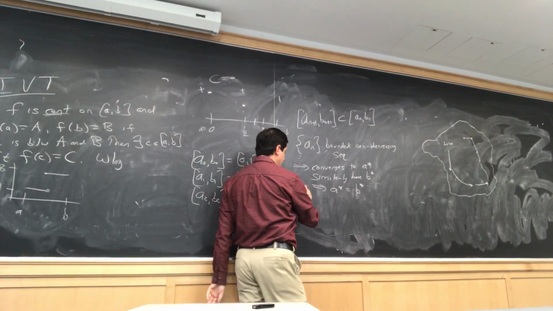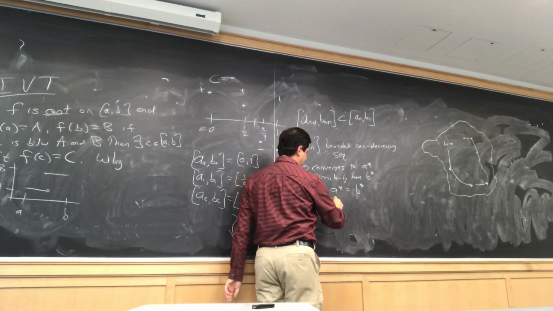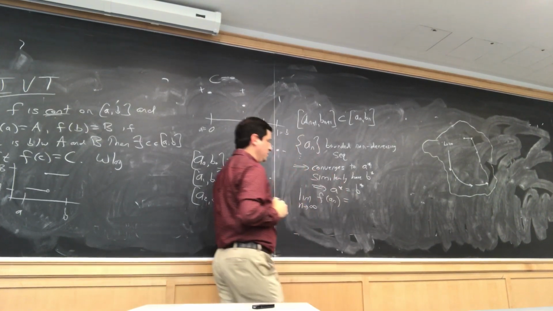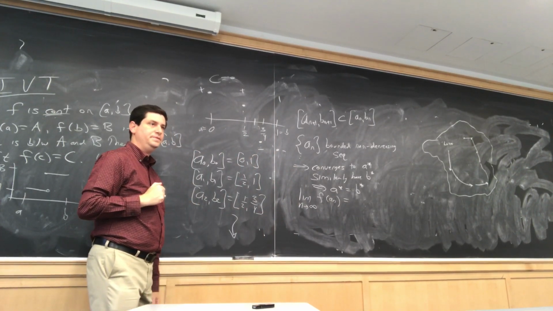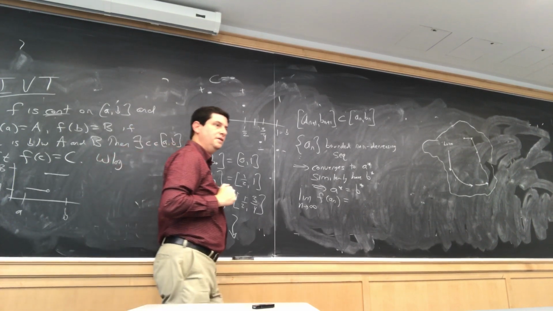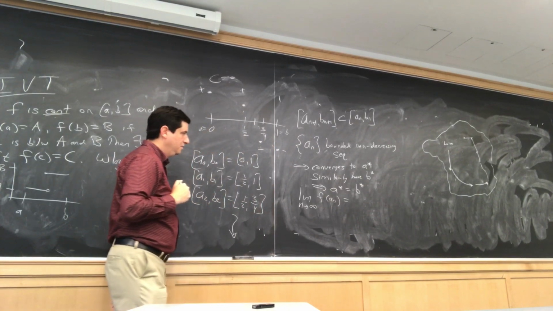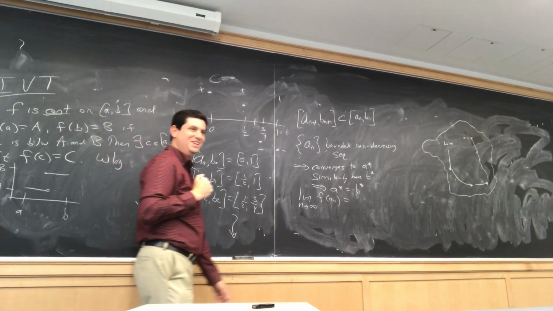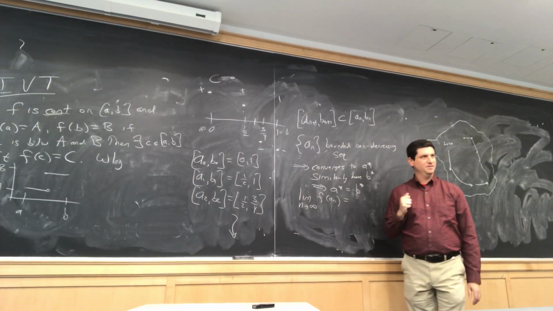What if we look at the limit as n goes to infinity of f of A_n? What should that equal? We want it to be 0. So what do we know about the limit of the function? Oh, it's continuous.